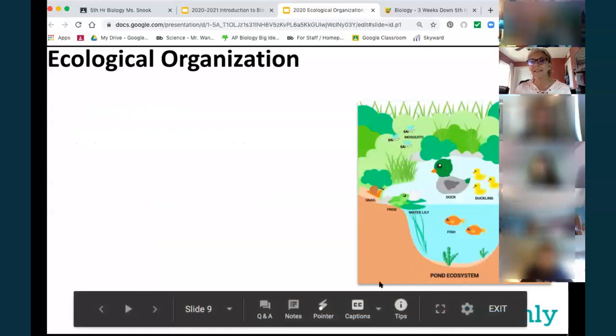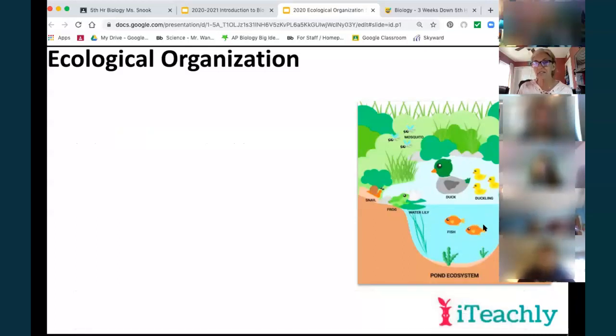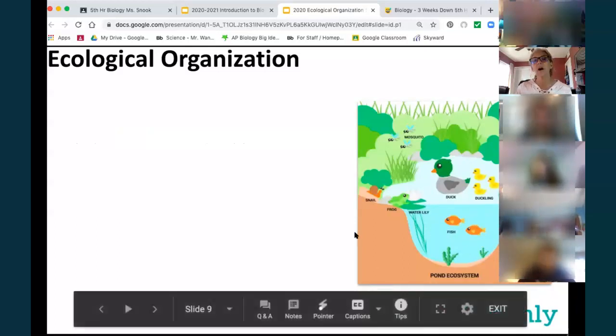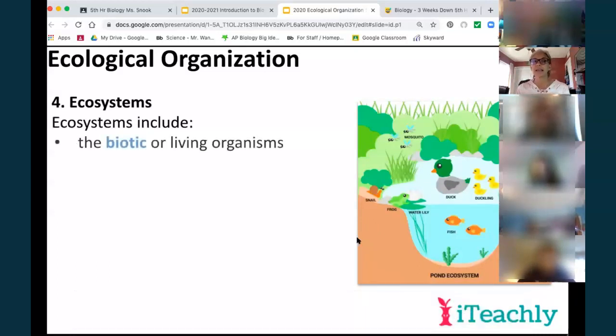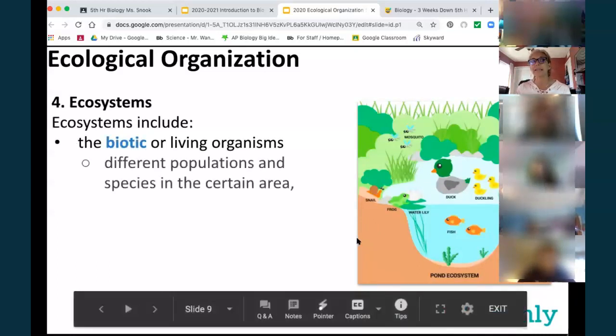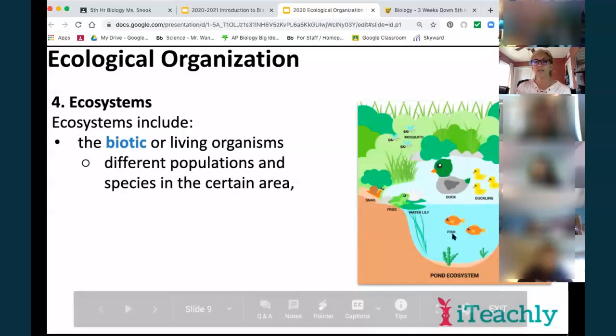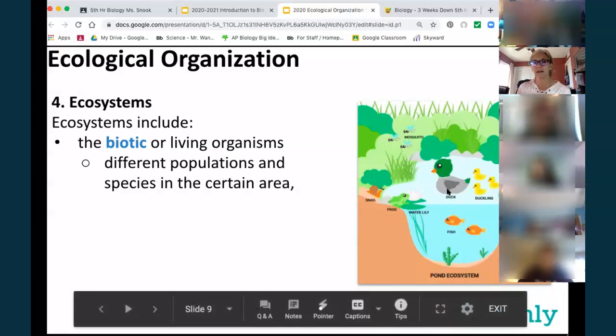When I add in the non-living part, so in this case, there's nutrients in the water itself is non-living, there's a certain temperature, all of that makes up the abiotic factors. So the abiotic and the biotic together make up an ecosystem. So bio means life. So you have the biotic components, the duck, the fish, the algae, the water lily, the frogs.